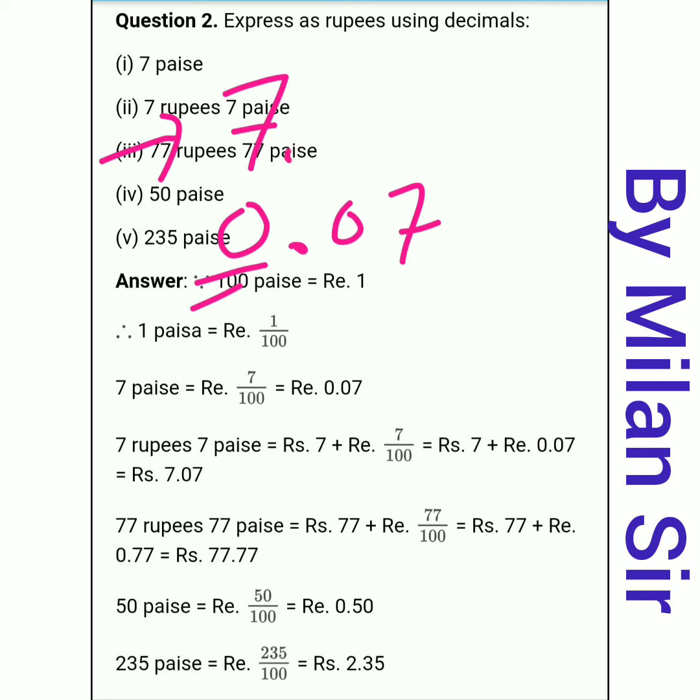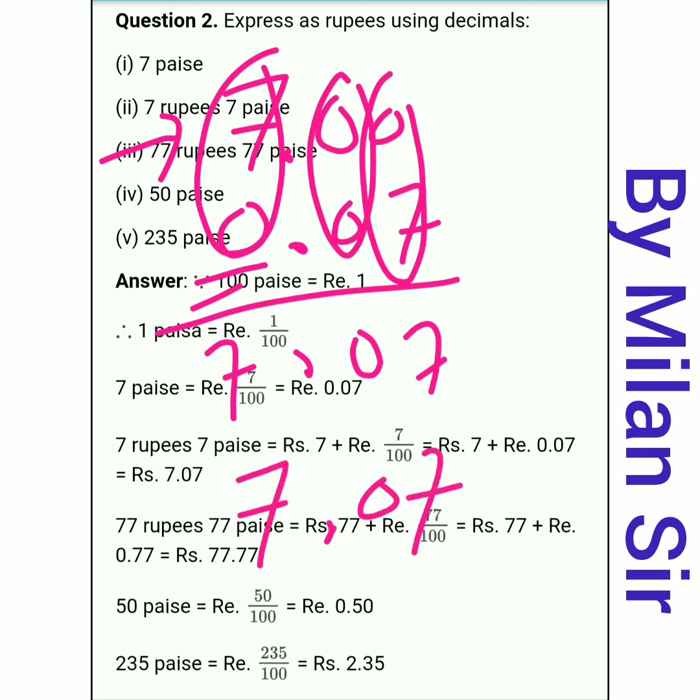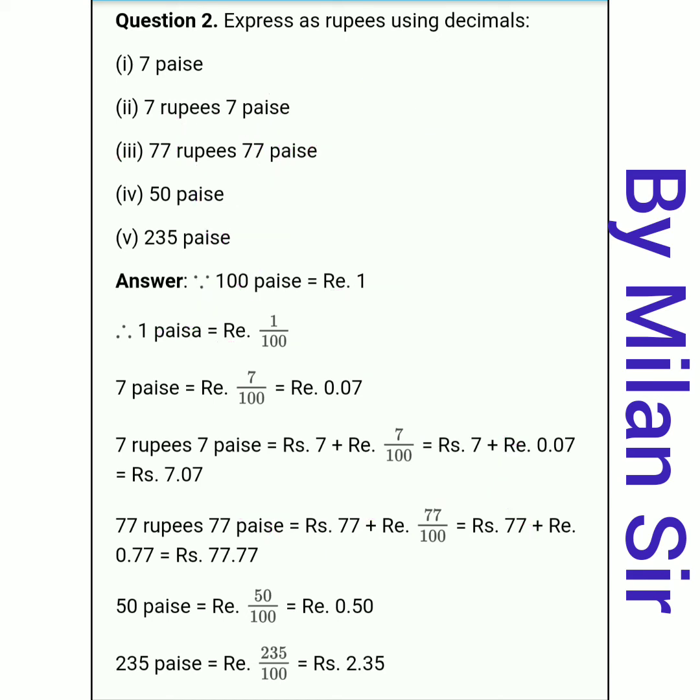In 7 we need to put a decimal point, and nothing is there, so we can put 0. Now we need to add these 2, so 0 plus 7 is 7, 0 plus 0 is 0, and 7 plus 0 is 7. So the final answer is 7.07 rupees.